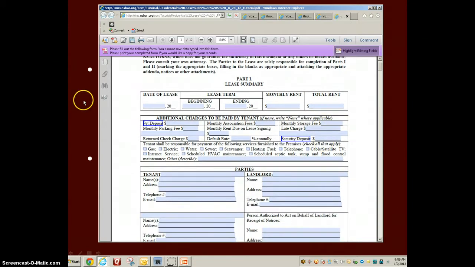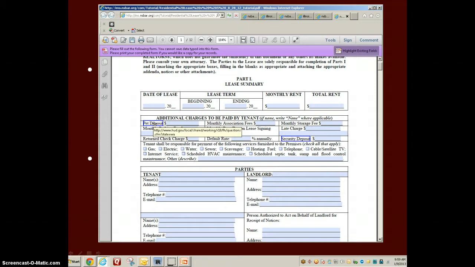Every once in a while in the tutorial, you're going to see a blue box surrounding something. That's a hyperlink that's going to take you someplace else. Right now it talks about the pet deposit.